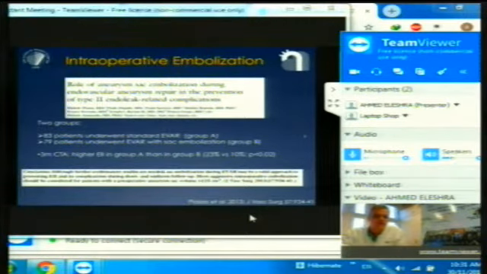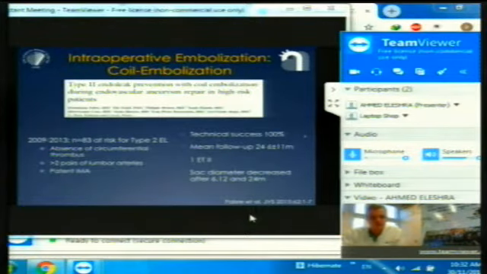This is another group in Italy that looks at preemptive embolization of the sac. In contrast to IMA embolization, there are also groups that advocate that you just put coils into the aneurysm sac, which is of course technically easier. These groups claim, as you see here, that this leads to reduced occurrence of type 2 endoleaks, which may require further intervention.